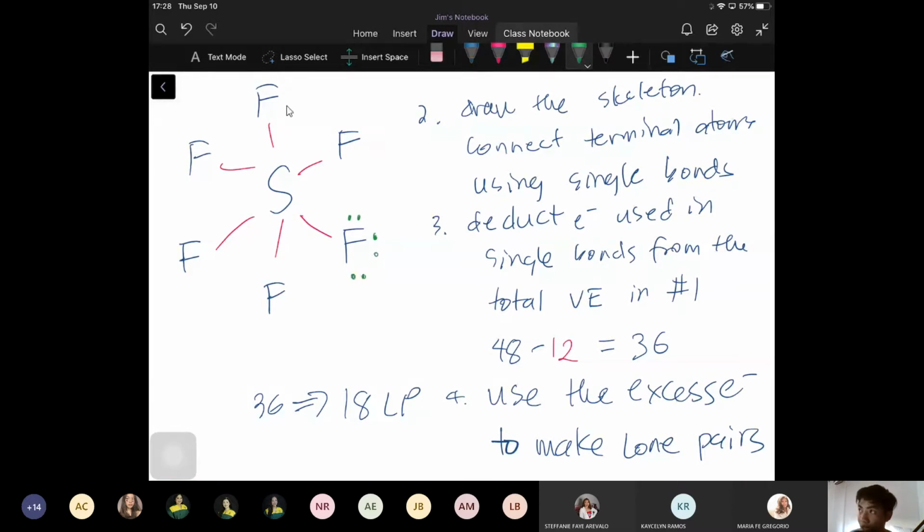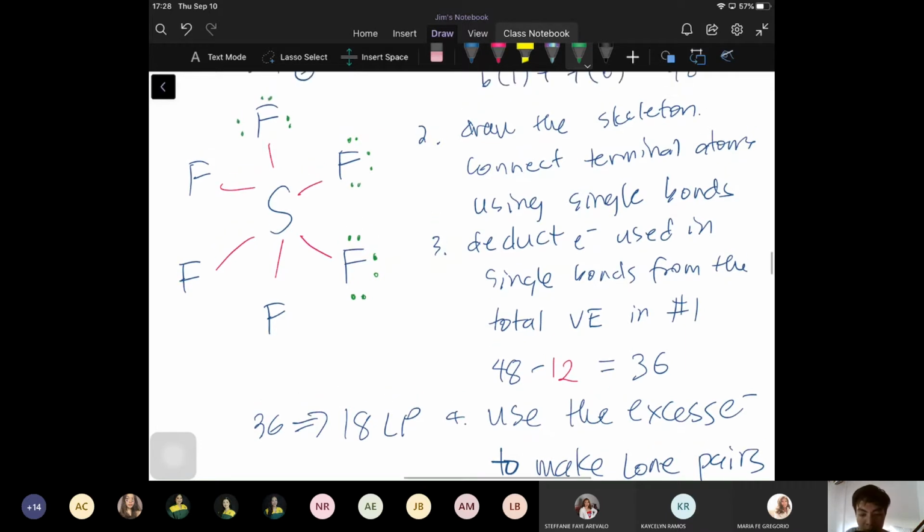And the same is true for the other fluorine atoms, no? So pare-parehas lang silang tigtatatlong lone pairs, no? So i-distribute ko na, no?